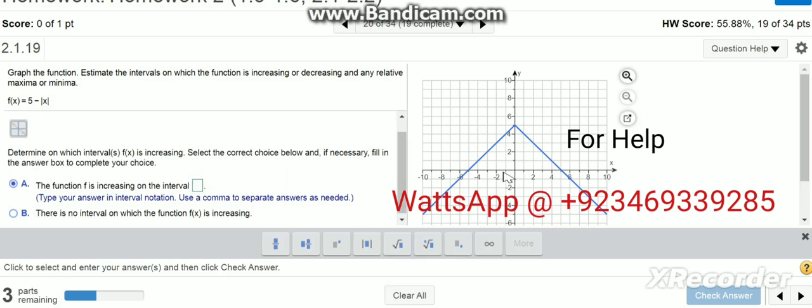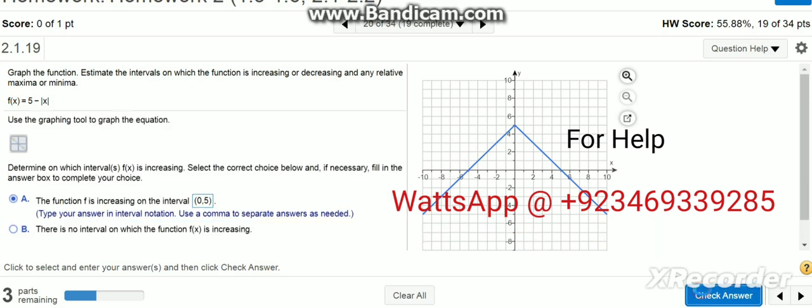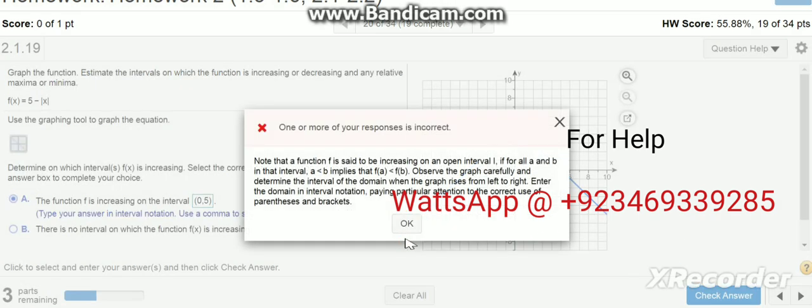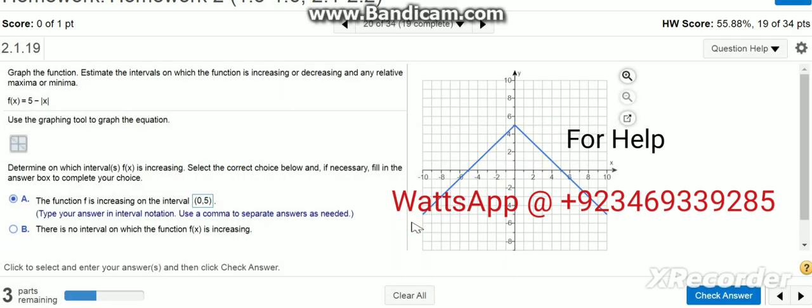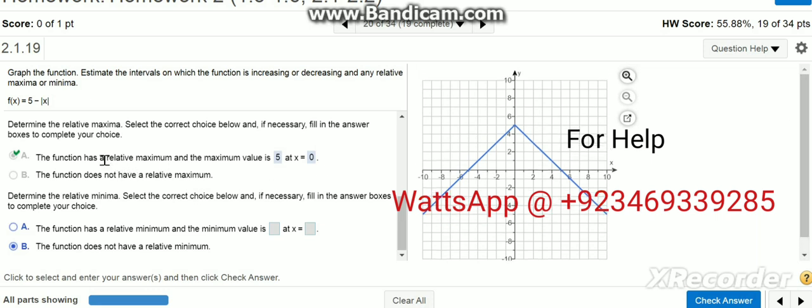The function is increasing on the interval. In which interval is the function increasing? The function is increasing in the interval of 0 to 5. In this interval the function is increasing. Okay, so we put that the function has a relative maximum.